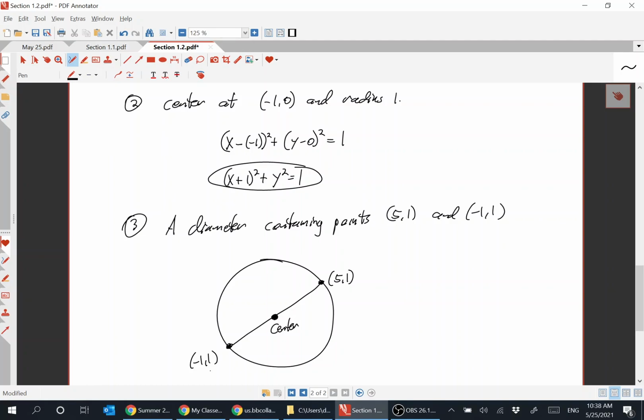I need to know the center, and I need to know the radius. The two ingredients that I need to write down the standard form equation of the circle are the radius and the center. So how do I find the center if a diameter contains these two points, (5, 1) and (-1, 1)? What's the center going to be?